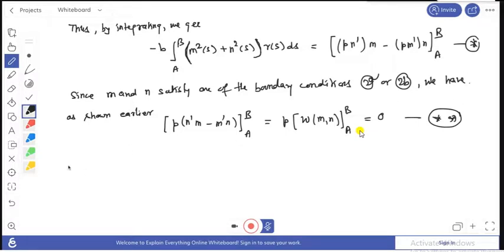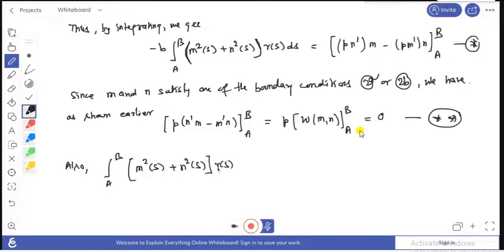Okay, so suppose we take this as another equation and relate these two. This integral is minus b times the integral from a to b of m square plus n square times r. You know that m square and n square is not equal to 0, so you have another condition: the sum of these quadratic functions with r s, and r s is not 0, because the theorem statement already gives that r s may be greater than 0 or less than 0 in this interval.